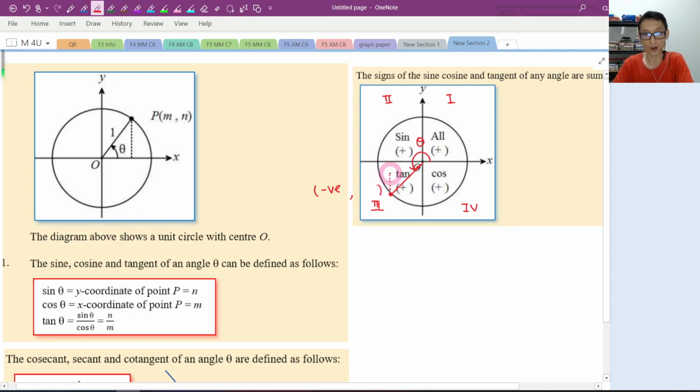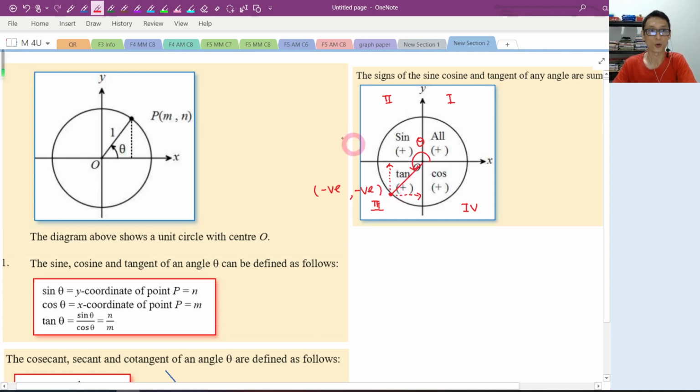So both are negative. Sine theta, negative. Cosine theta, negative. Tangent theta, y coordinate over x coordinate: negative divided by negative, you will get positive, right? Therefore, in this quadrant, tangent is positive.